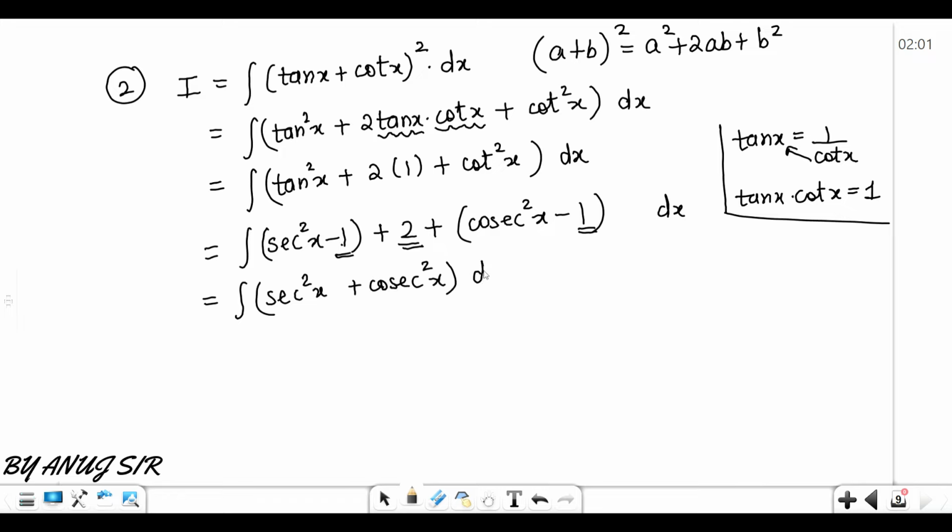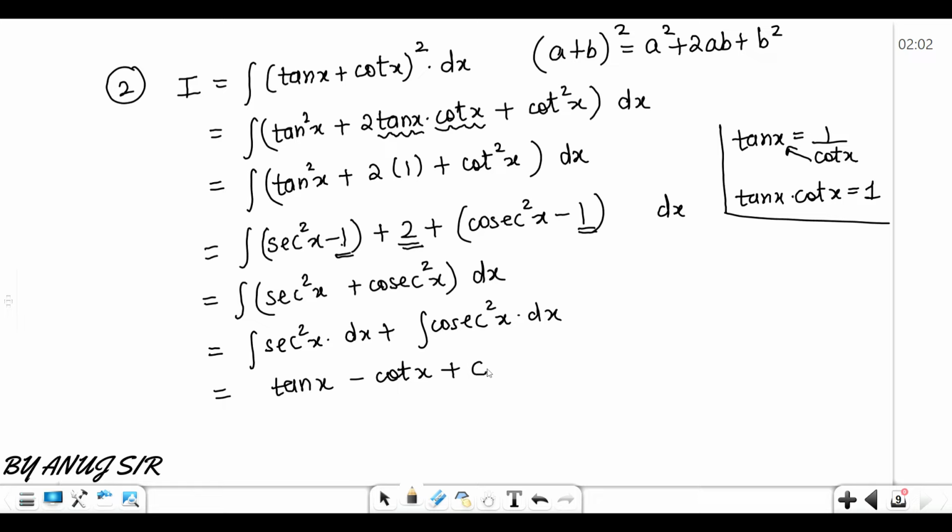Now we will integrate it separately: integration of sec square x dx plus integration of cosec square x dx. We know the formula of sec square x, which is nothing but tan x, and we know the formula of cosec square x, which is nothing but minus cot x plus c. So this was very simple.